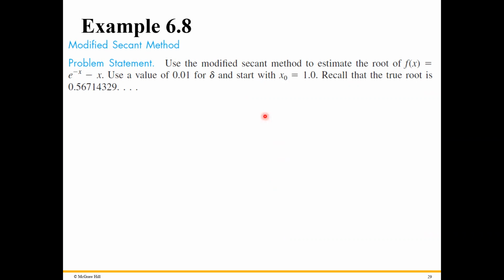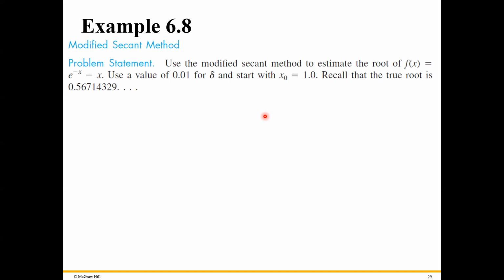Okay, so next let's use the modified secant method. Now you can ask why we need to consider the modified secant method. The reason is that, as we have seen, one drawback of the secant method is that it fails to converge sometimes.